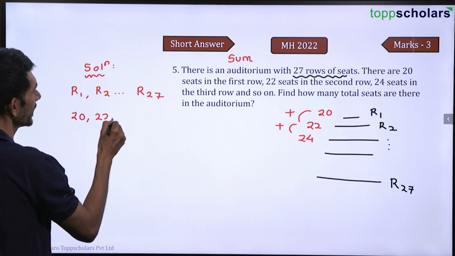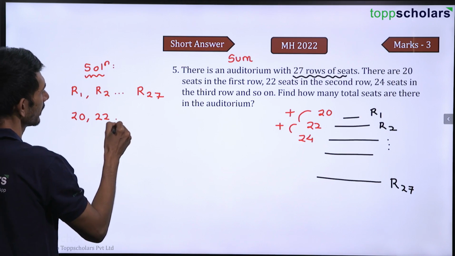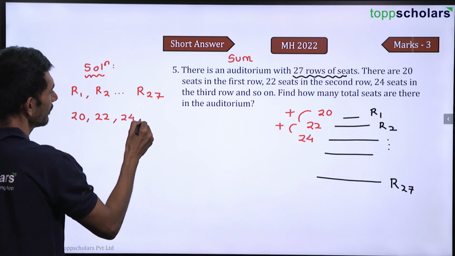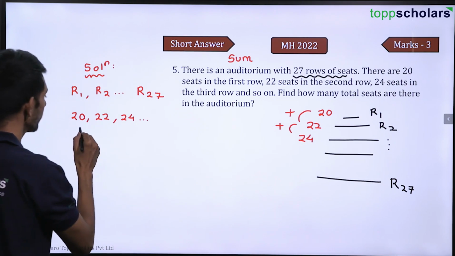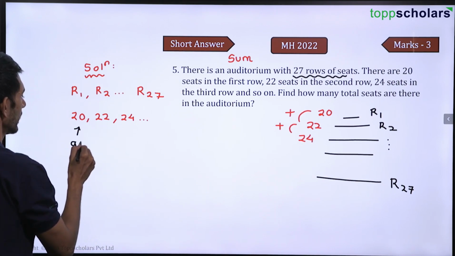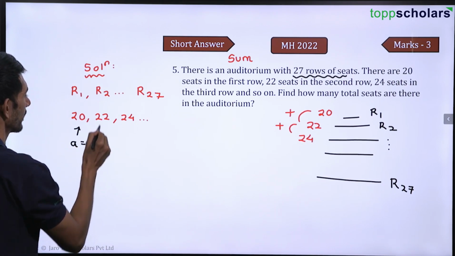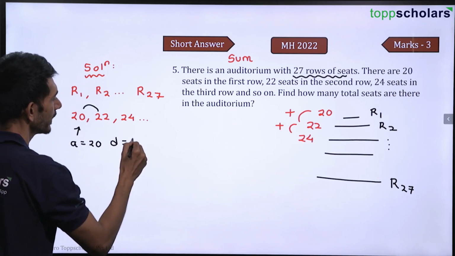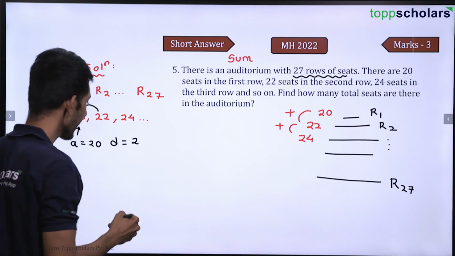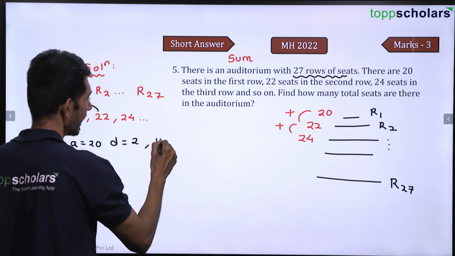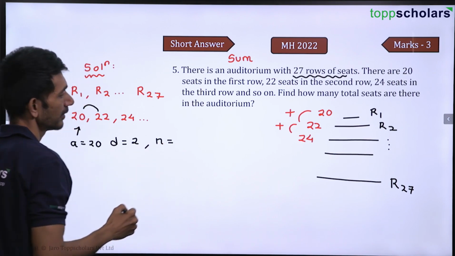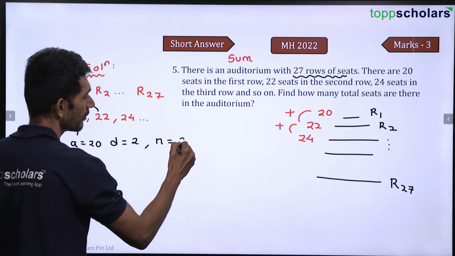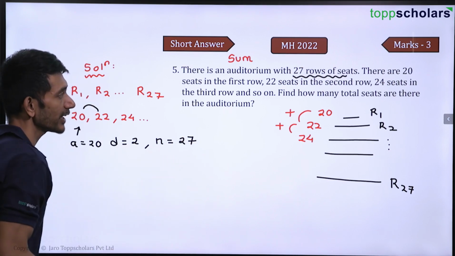In row 2 there are 22 seats. In row 3 there are 24 seats and so on. Here can I say A is equal to 20, D is equal to 22 minus 20, that is 2. Right? And can I say n is the number of rows, 27, because there are 27 rows.